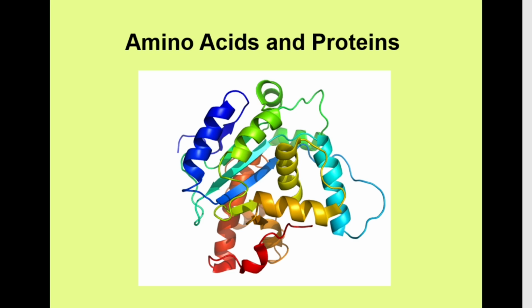This is something we see a lot in biology: structure equals function. To do their job properly, proteins have to have a very specific structure or shape. As we go through this, I want you to keep that in mind, and I will keep coming back to it, because it is the underlying key to what proteins are and how they do what they do. It's all down to their structure.